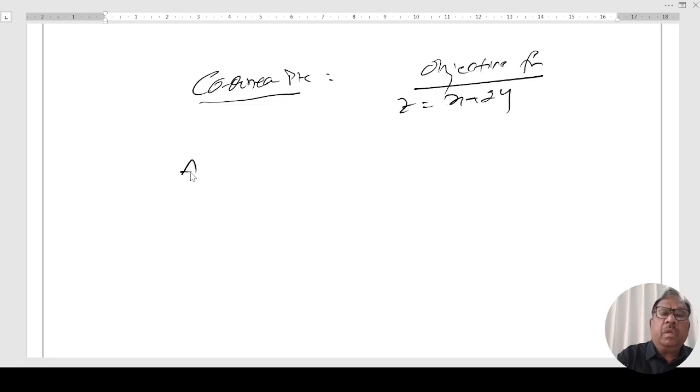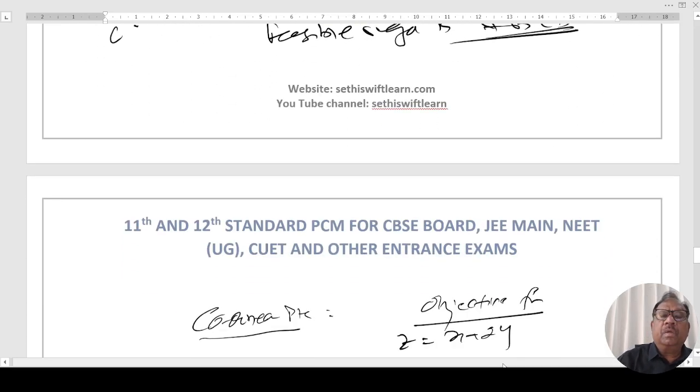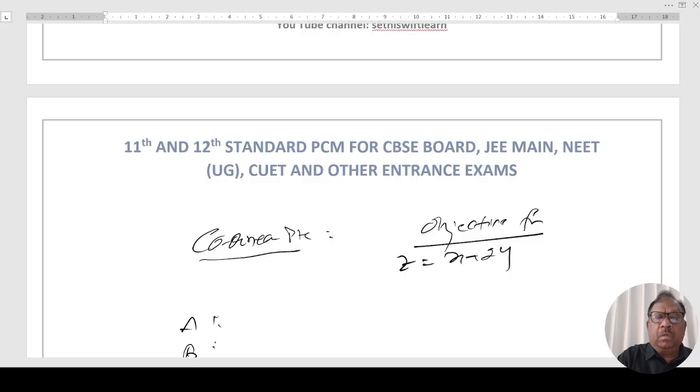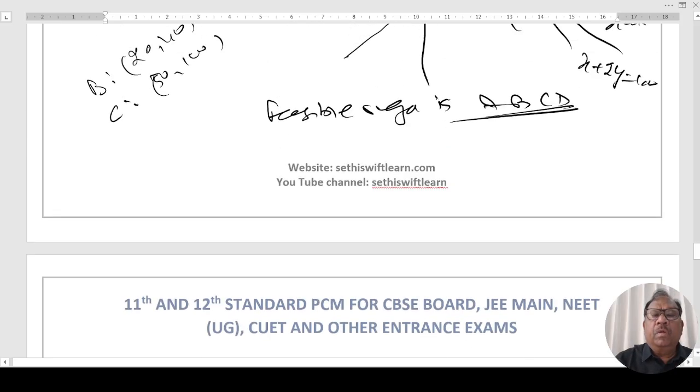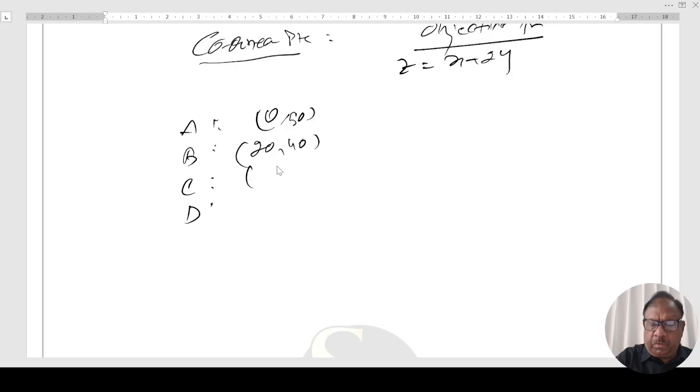Corner points are A, B, C, D. A is 0, 50. B is 20, 40. C is 50, 100. And D is 0, 100. We have to find maximum and minimum value.